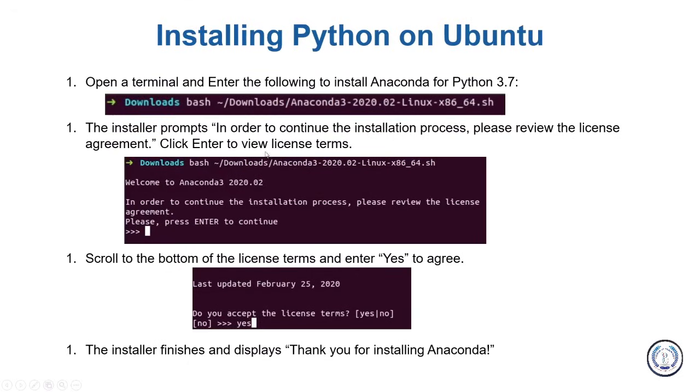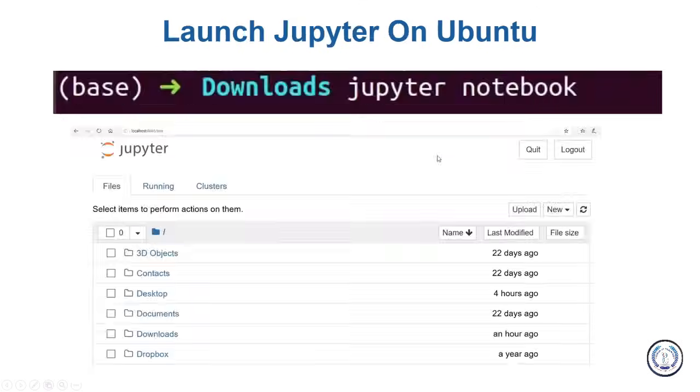The installer prompts you in order to continue the installation process. These kinds of commands will appear. Press enter to continue, then press yes, and the installer will finish with a thanks message. After that, you just go to the downloads folder and type Jupyter Notebook, and the Jupyter Notebook interface, the browser-based interface, will appear in front of you.